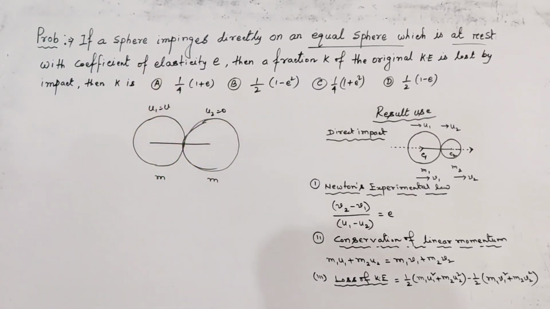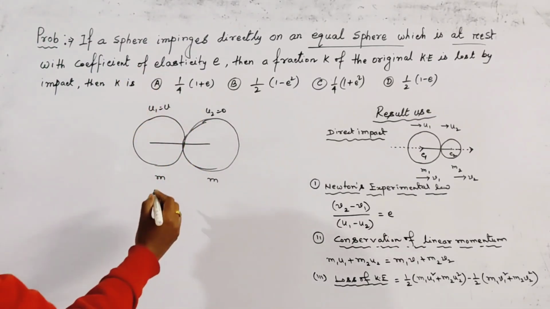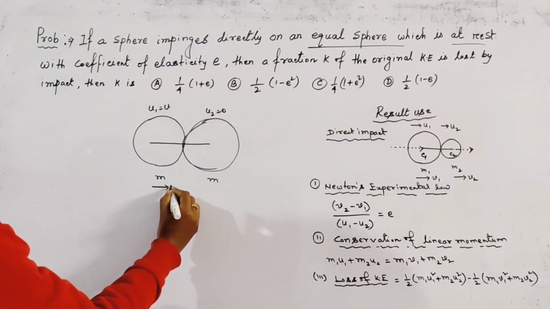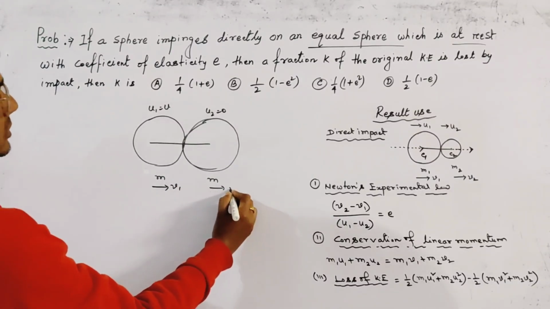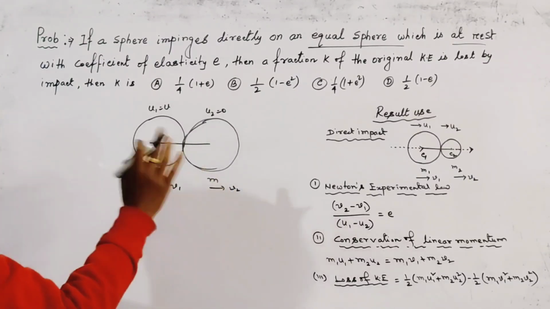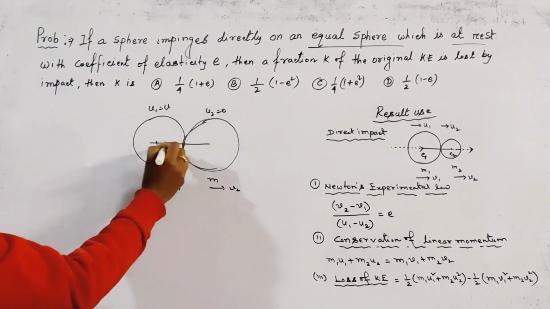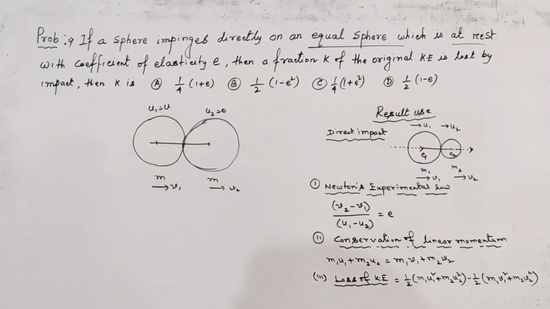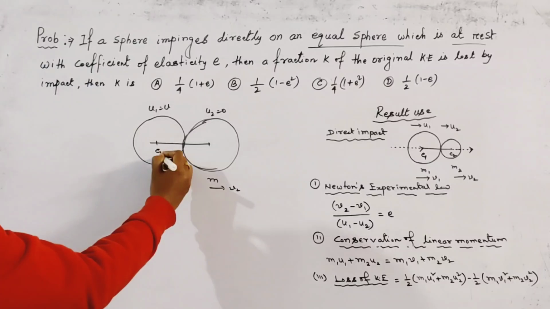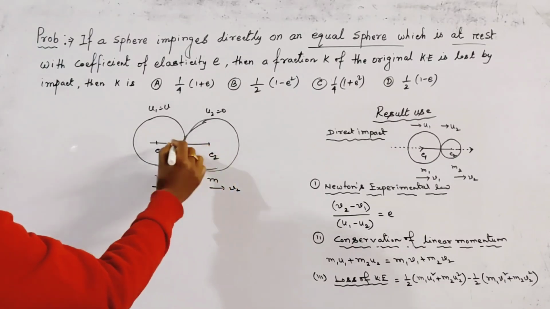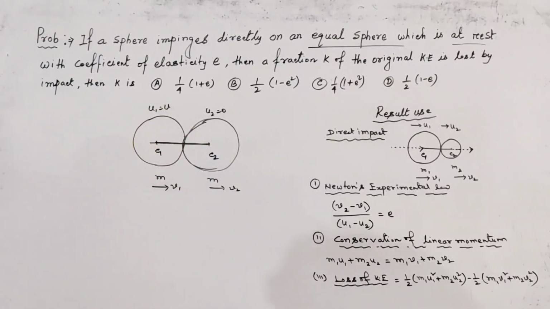After collision let the velocities be v1 and v2, which are unknown to us. This is C1 and C2, and this is the line of impact.